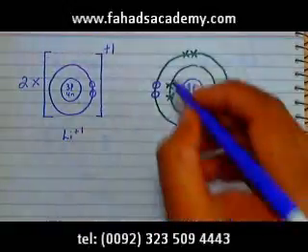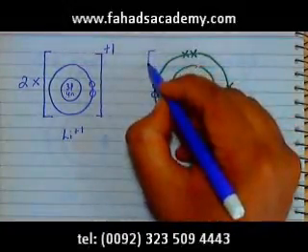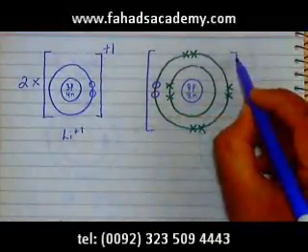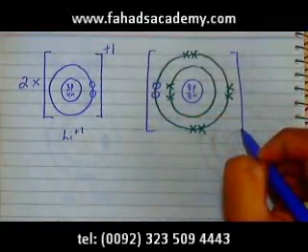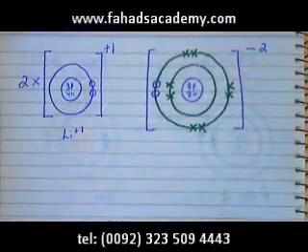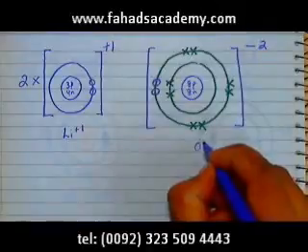Now the oxygen's electronic configuration is complete, it has gained 2 electrons, and since it has gained 2 electrons, we're going to draw square brackets and write -2 on top of that. So this would be oxygen 2-.